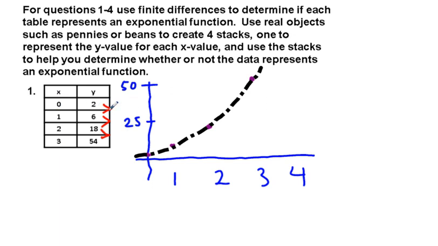On the right, we do not have common differences, because 6 minus 2 is 4, and then 18 minus 6 is 12, and so we do not have common differences. But if we multiply by 3, 2 times 3 is 6, 6 times 3 is 18, and 18 times 3 is 54.